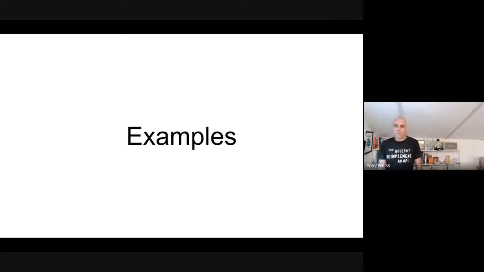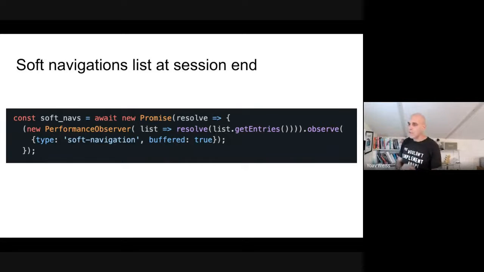Some code examples on how people will actually use this. So if you just, as a developer, want to collect a list of the soft navigations that happened at the session's end, you can just use Performance Observer, the buffered flag, and just collect those entries as you normally would.